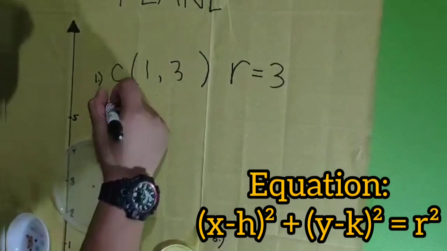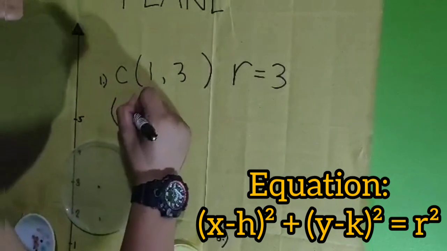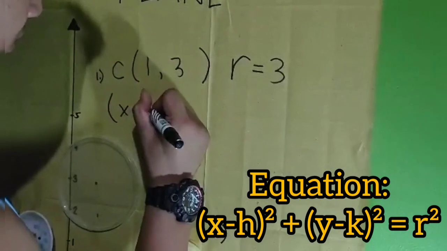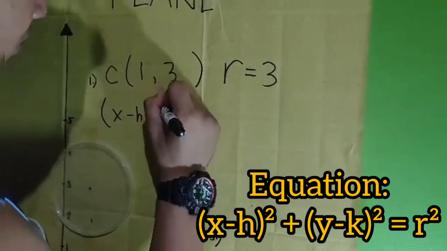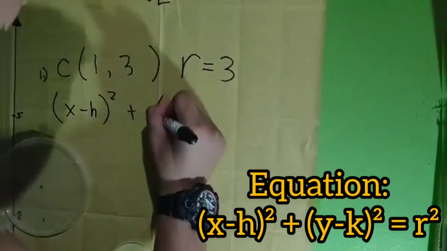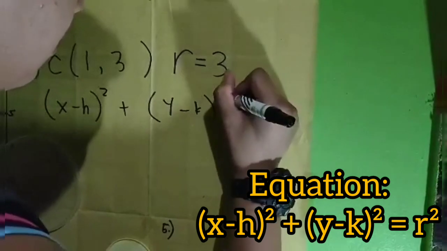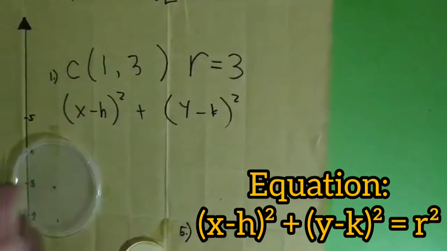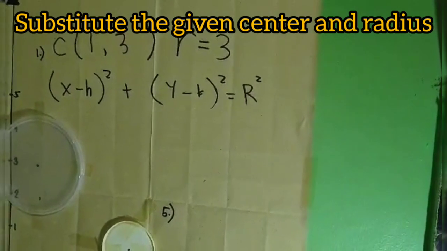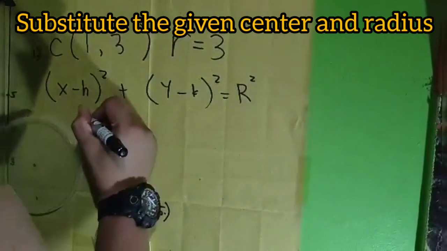The equation is x minus h plus y minus k. Let us substitute the center and the radius.